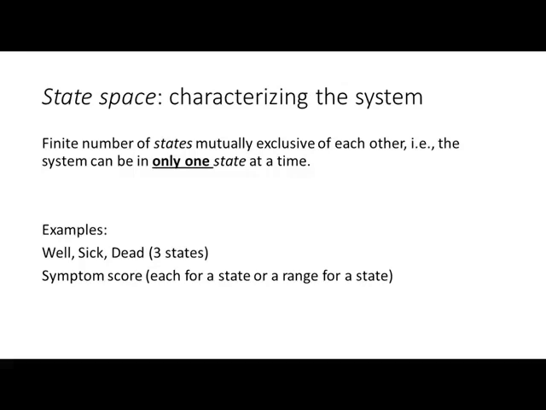If you have too many scores, say from 1 to 3, we can use this range as a state of relatively well, 4 to 6 representing a state of sicker, and so on. It's actually very subjective how the states are defined, but just bear in mind that states have to be mutually exclusive. The system can only be in one state at a time. So this is the state space that characterizes the stochastic system.